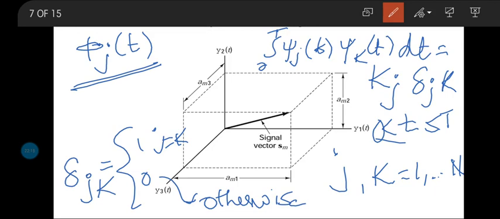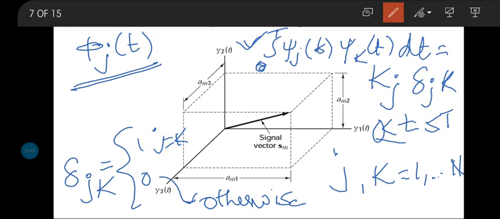So how is this basis function going to work? This basis function, to get a value in the given arbitrary space, has to satisfy this condition. The condition is integration from 0 to T of psi j of t psi k of t dt should be equal to the Kronecker delta, delta of jk.